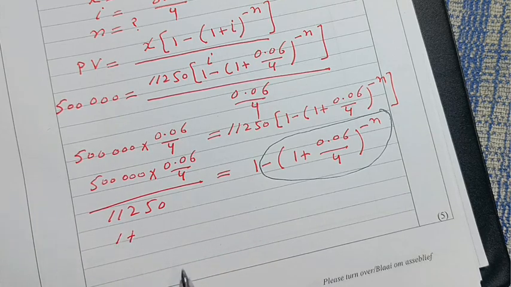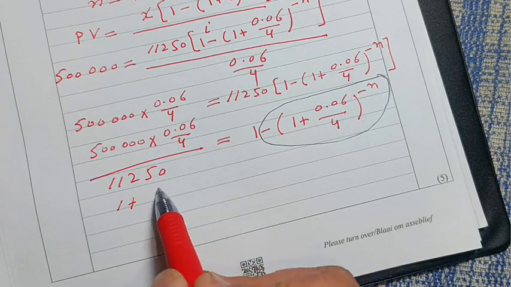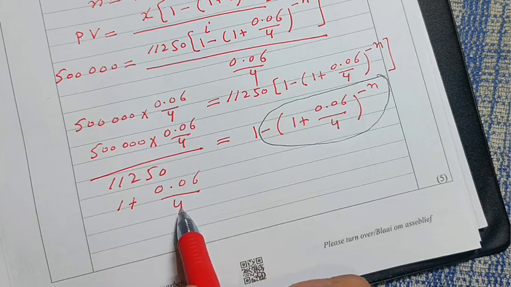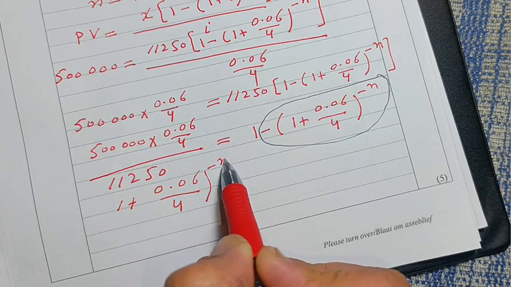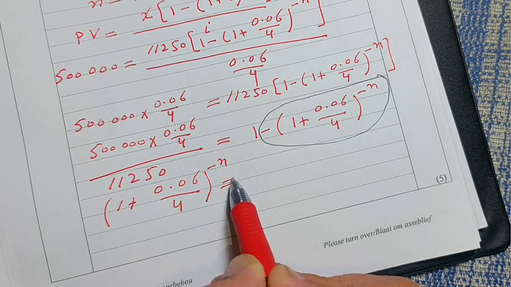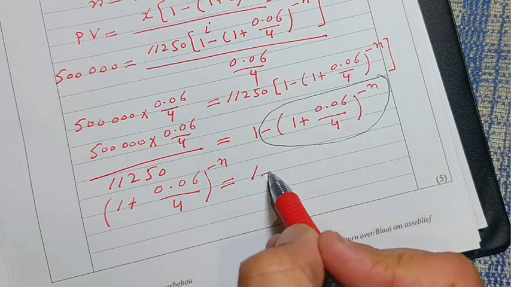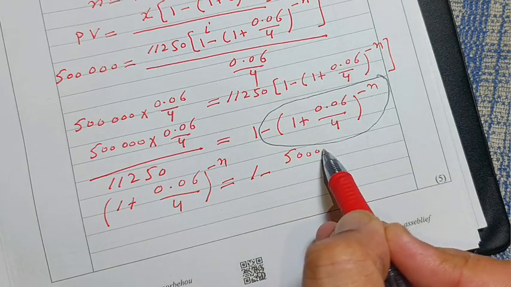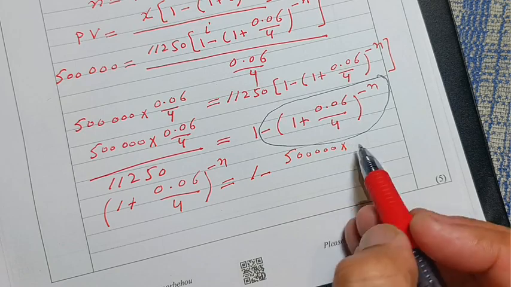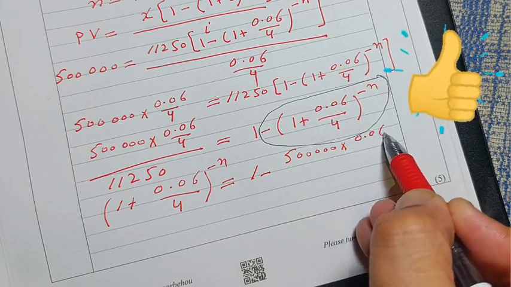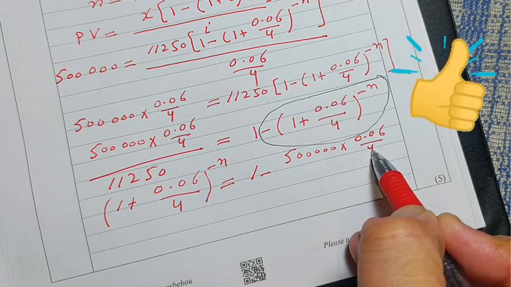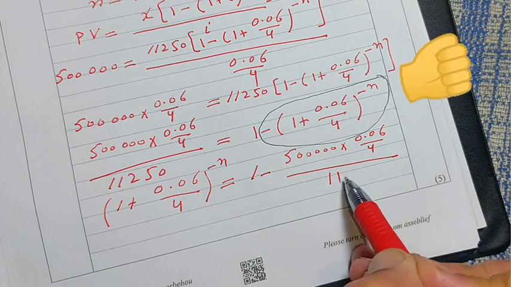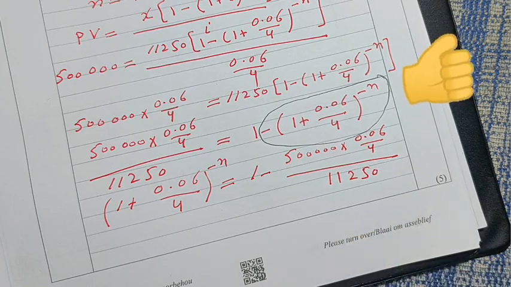So it's going to be 1 plus 0,06 over 4 to the power negative n is equal to 1 minus this whole amount, 500,000 multiplied by 0,06 over 4, over 11,250.